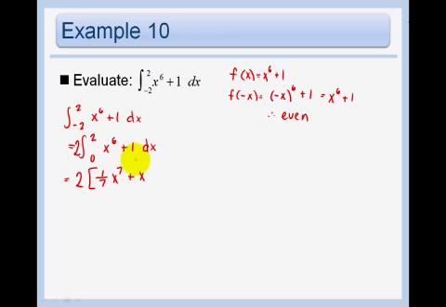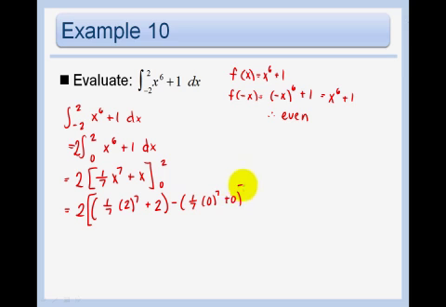Don't forget the antiderivative of 1 is x. Alright, in that one, by determining it was even, it didn't really help us a whole lot.